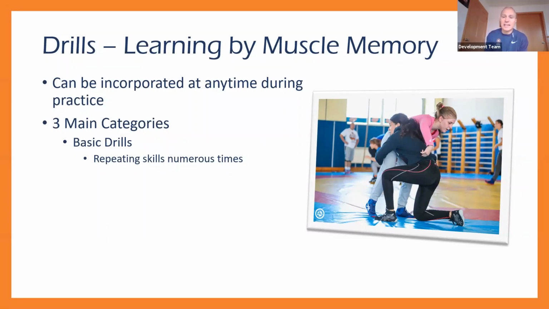Hard in, easy out is a more advanced drill where the partner gives that realistic look that requires the attacking wrestler to perform multiple skills to get an attack or a hold. They just don't let them shoot a double leg. They have to do a series of setups of moving their partner in order to create an opening to get that attack. So it's a hard in, easy out.